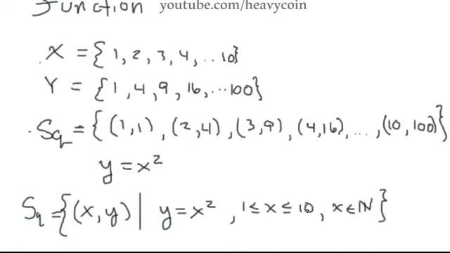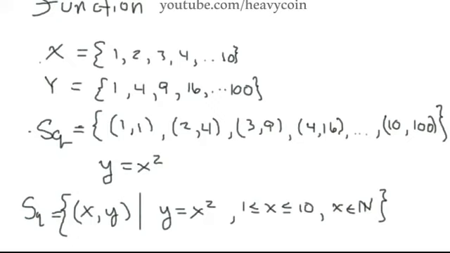It's between 1 and 10. Alright, so this is set builder's notation, and of course, we wouldn't want to have to do this. What happens if we were going to 10,000, right? We wouldn't want to have to do that, okay? Set builder's notation, the set of all ordered pairs such that y is equal to x squared, and then I've defined what my domain is over here.